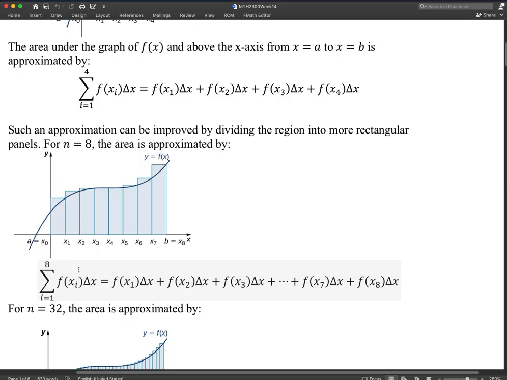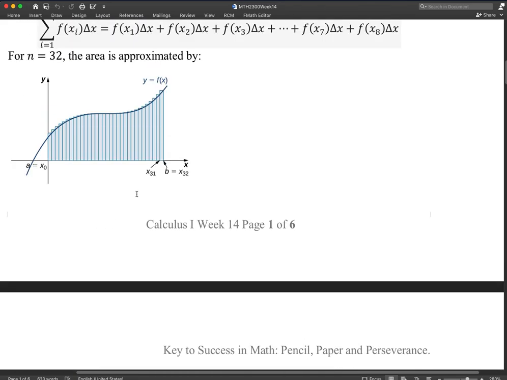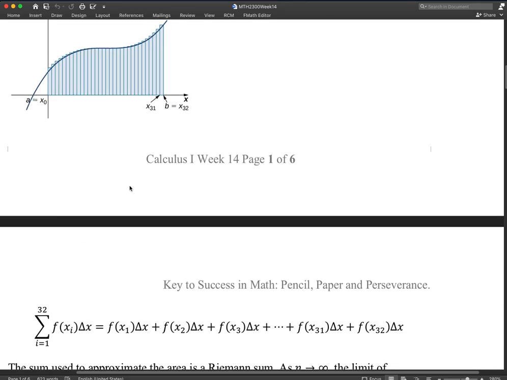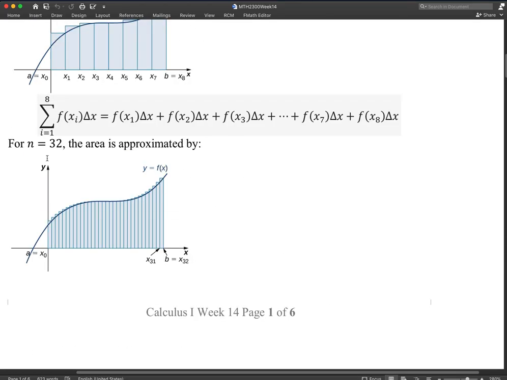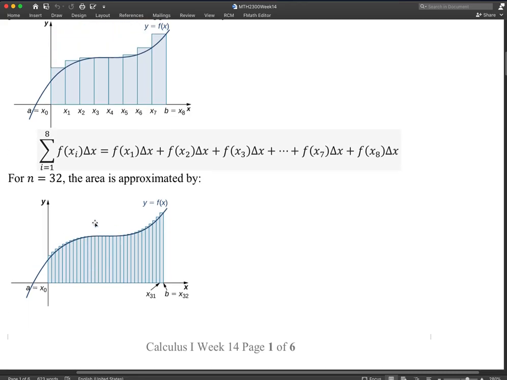And furthermore, we can keep on improving the accuracy by dividing the region into more and more rectangular panels. And this is the case when we divide the region into 32. Simply by looking, you see it makes sense.